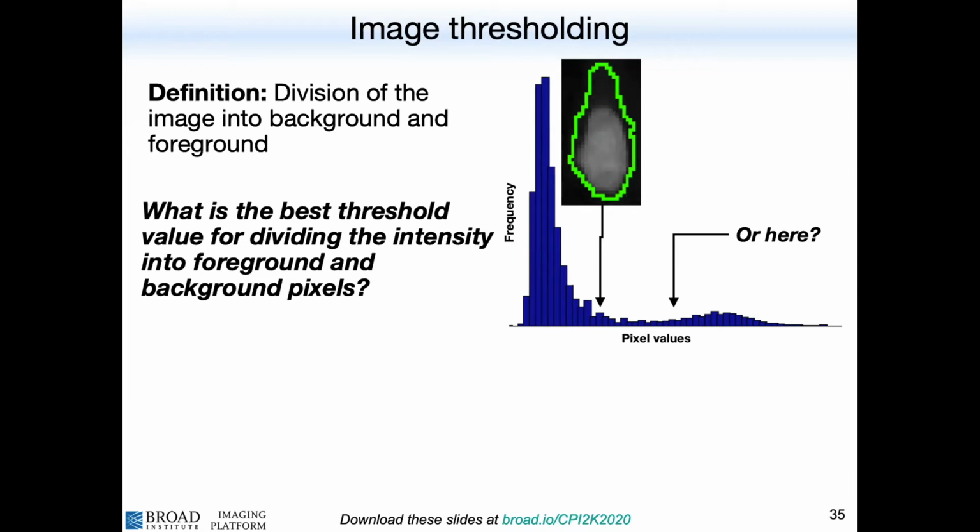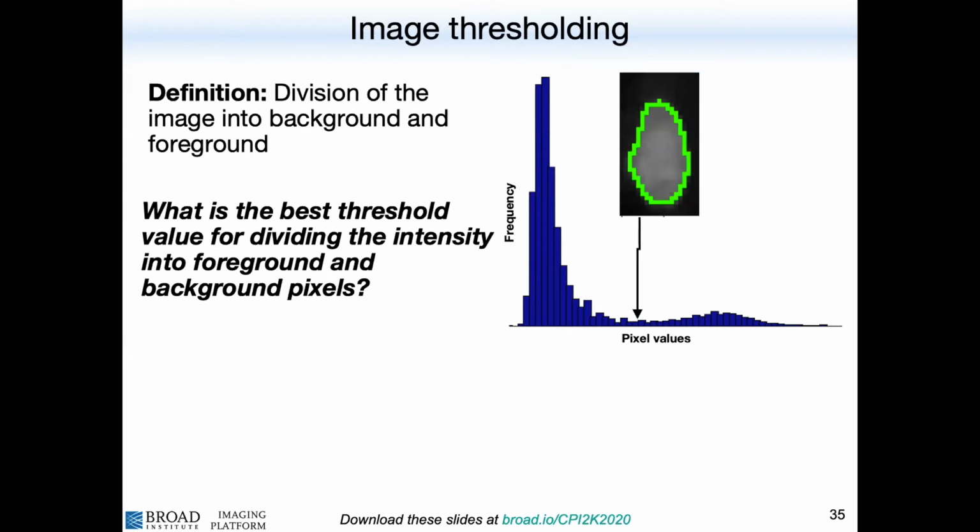So I don't want an area that contains both cytoplasm and nucleus. So this is not a good threshold to draw. Also, if I draw too high a threshold, I don't have any background or cytoplasm, but I also didn't capture all of the nucleus. So we always look for the best threshold that can capture only the object in question and nothing more.